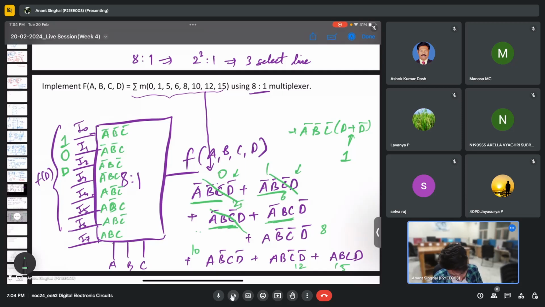No. So I can have a D complement here. Now I have A B complement C complement, and only once, so I can have a D complement here. Then I have A B complement C, and I have a D bar here. Similarly, A B C complement also has a D bar, and finally ABC also has a D.